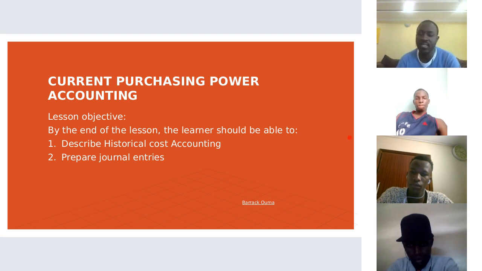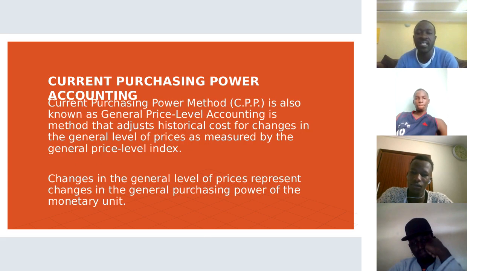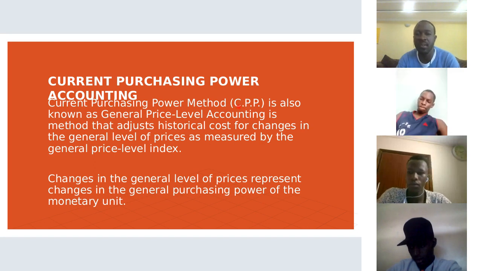So let us start by looking at the current purchasing power accounting. Now, it is abbreviated as CPPA, or CPPP. CPPP simply means current purchasing power accounting.